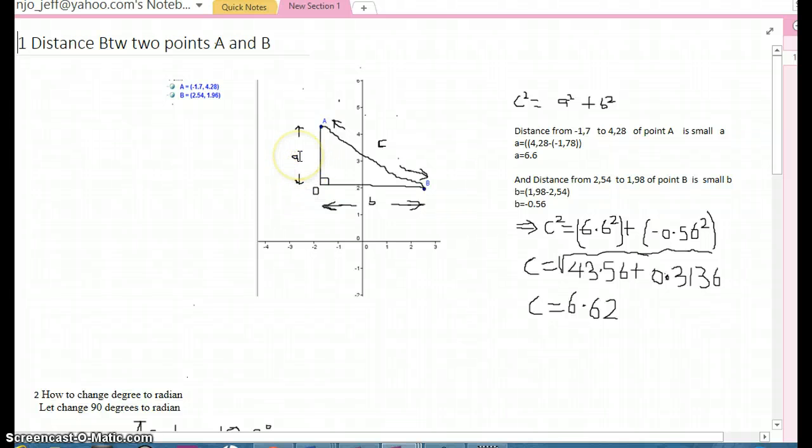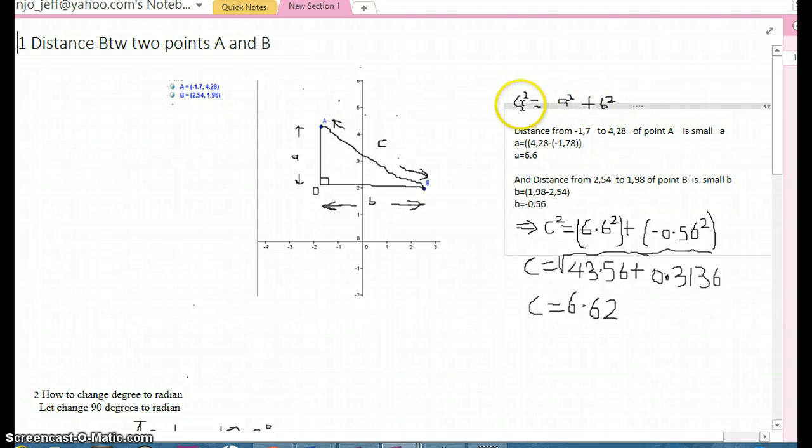The two remaining sides we have here are A and B. So for us to be able to calculate the longest side C, C should be equal to the sum of the squares of the other two sides, A square, B square. So this basically is the Pythagoras rule, which is C square is therefore equal to A square plus B square.